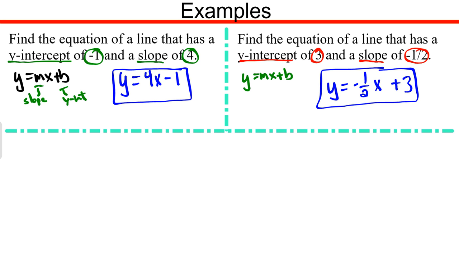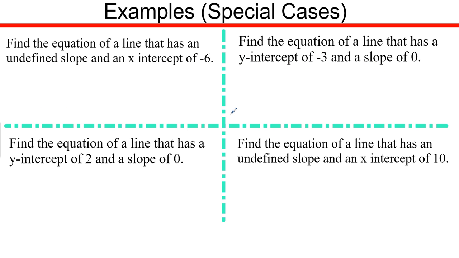Now let's look at some special cases. These are special because they're unique in the values they give you. Let's first work the top left one here. Find the equation of a line that has an undefined slope and an x-intercept of -6. I have to think about what an undefined slope looks like. It looks like a vertical line, which means it has no slope.